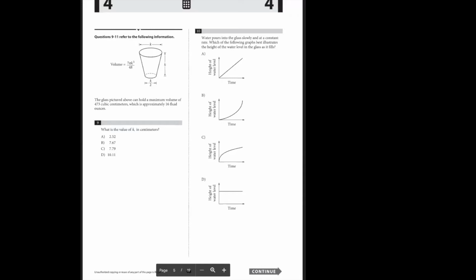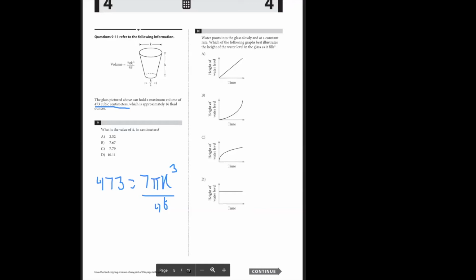That's the first one. So really, all you have to do is plug in the volume that you do know, which is 473, into the volume equation right over here. And this is not too bad at all. This is really when you want to use your calculator, because if you were to do that on paper, it would just take so much time.